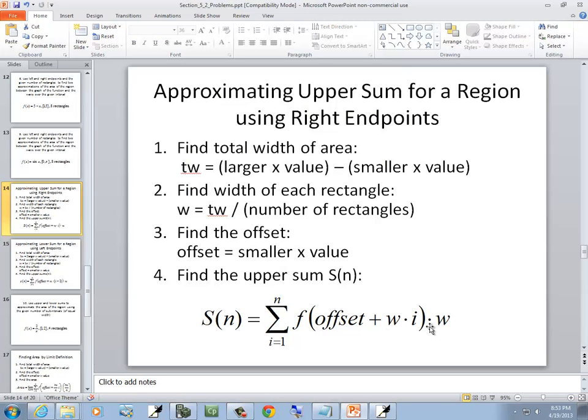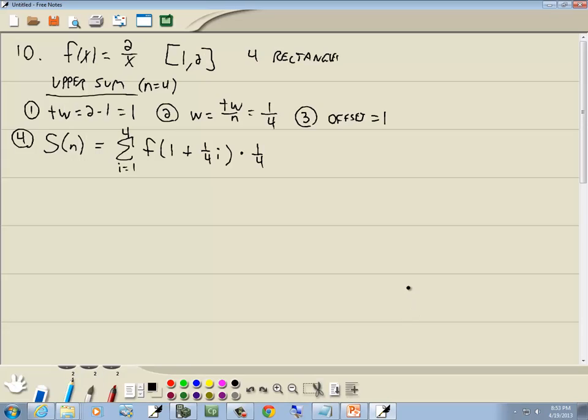So again, just plug in everything we're given. Now, as always, we can put that 1/4 out in front. So we've got 1/4, the sum from i equals 1 to 4, of f of this. This is evaluating a function. We're going to plug this in for x, because this is f of x. We've got 2 over x, so we're going to have 2 over 1 plus 1/4 i.